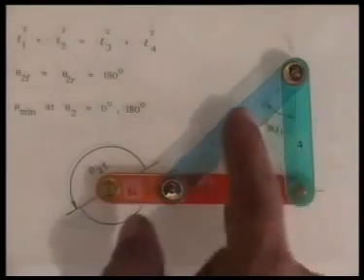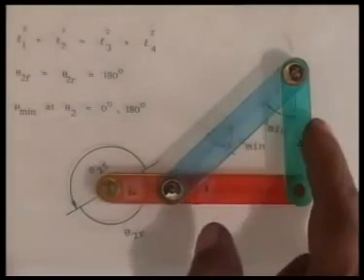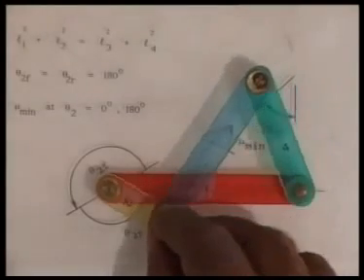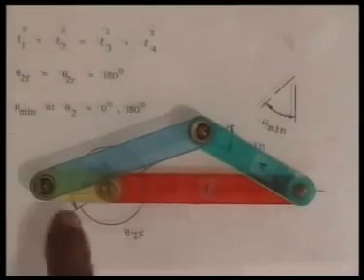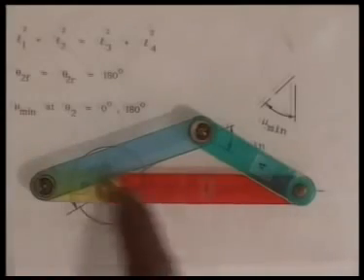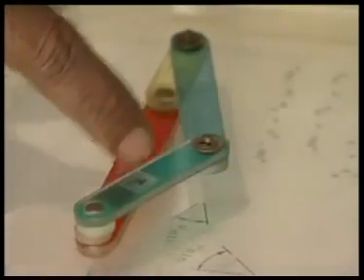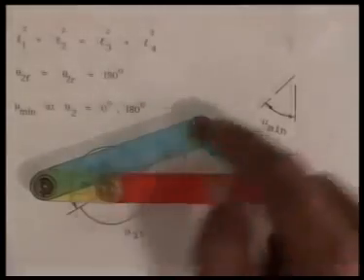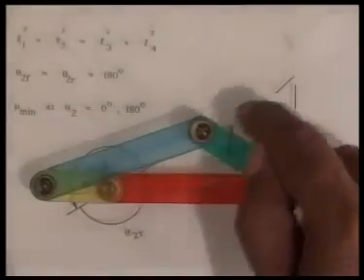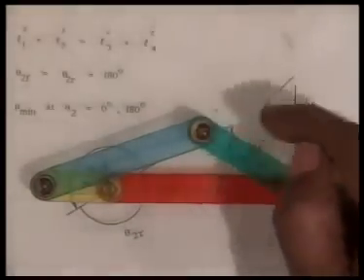This angle between the coupler and the follower reaches its minimum value. However, again when the crank falls along the line of frame, this angle is maximized, that is the transmission angle, which is defined as the acute angle between the coupler and the follower, that I can see by extension of the coupler and the follower, that angle is minimized.